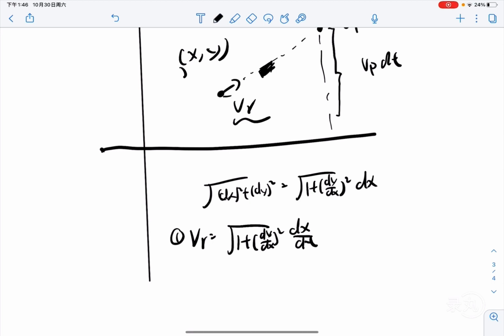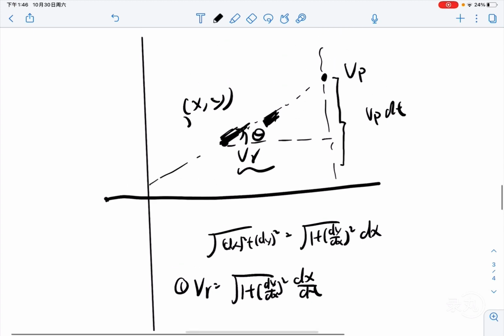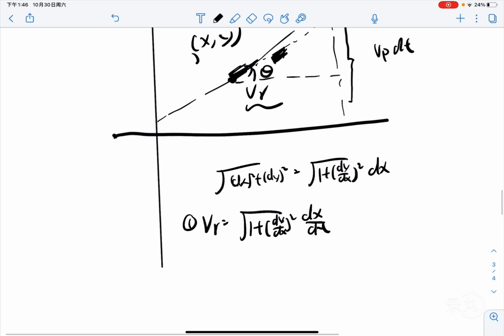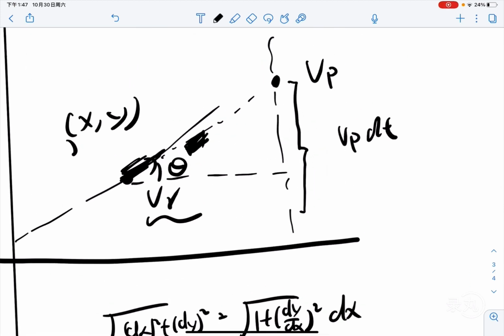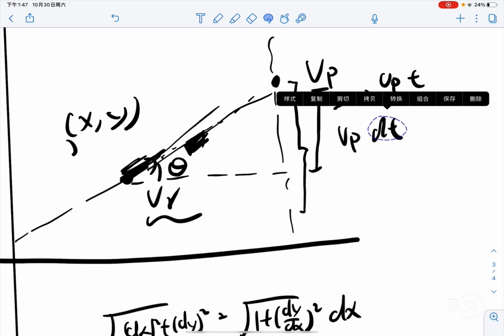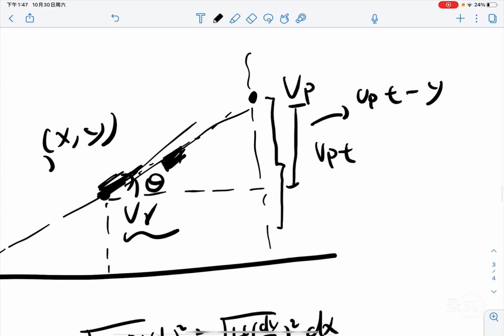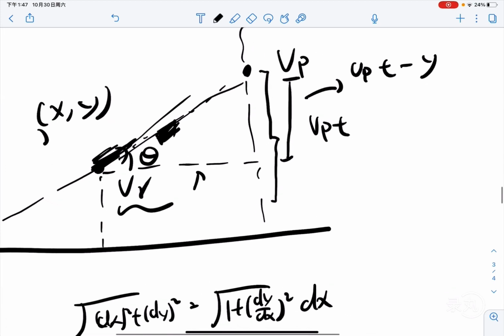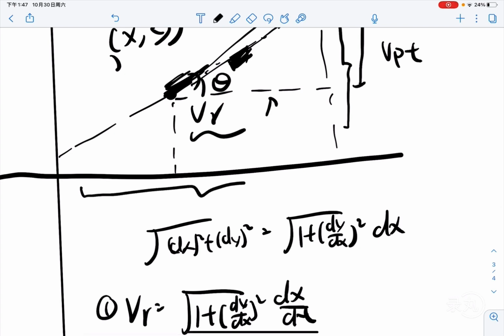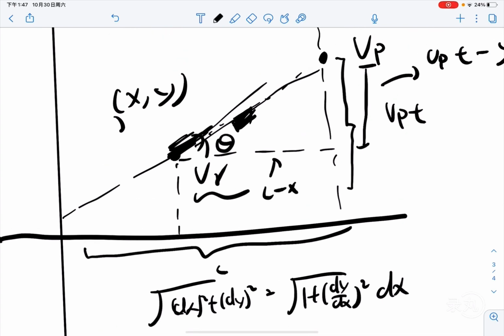And the second equation we have is that this is a tangent line of the trajectory. So we get that the second is dy/dx is equal to tangent. And from geometry, we can see that this distance is vp t, and this one is vp t minus y, and this over here, because this is given, is L minus x.